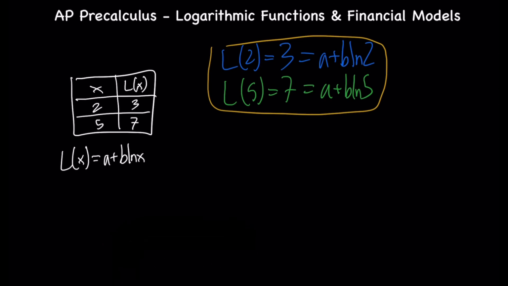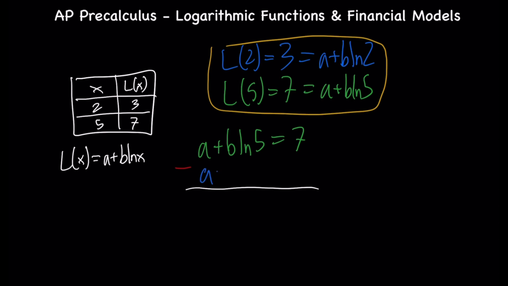Okay, so to find the values, you have to subtract 3 from 7, and the way to do that is by doing this. You're going to take what 7 is equal to, and then also subtract that.